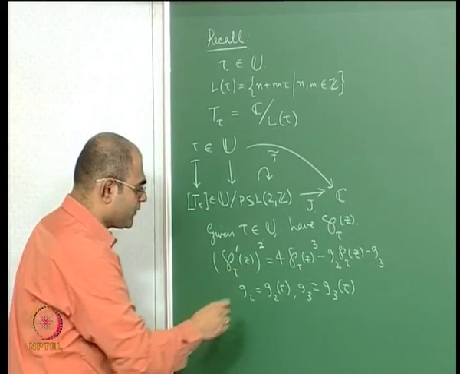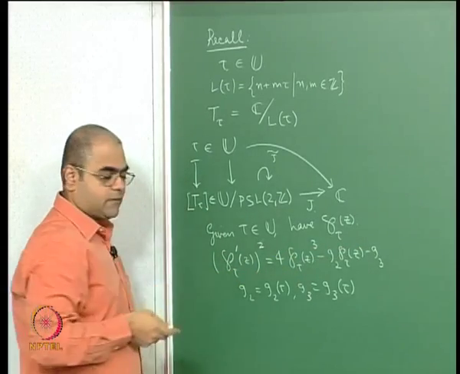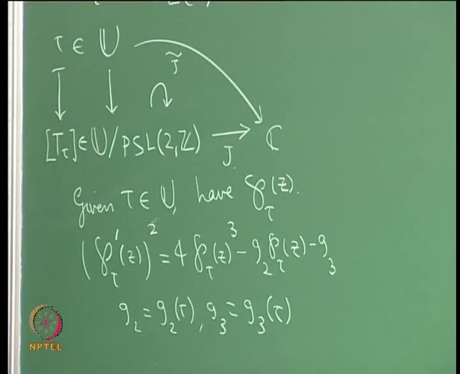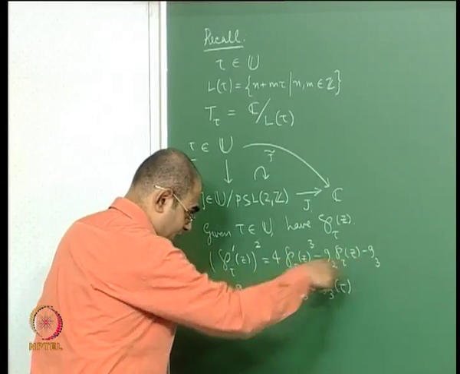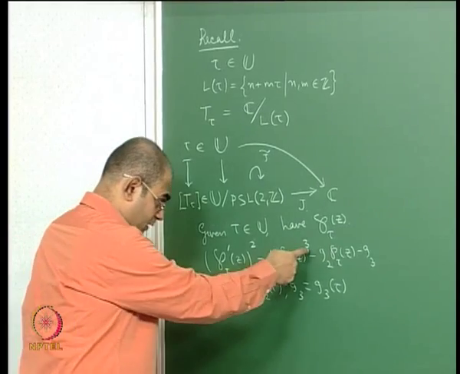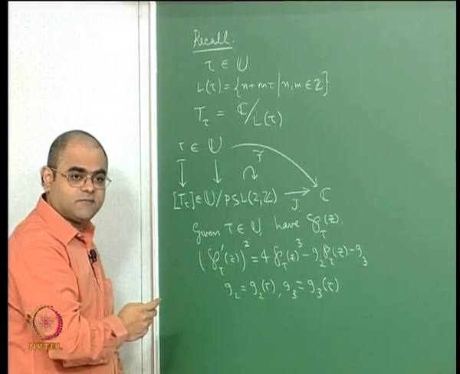This is the natural differential equation that the Weierstrass phi function satisfies, and we also factorized the right side because it is a cubic, so you have 3 linear factors.